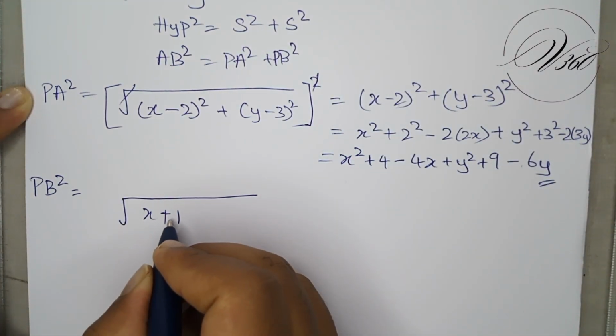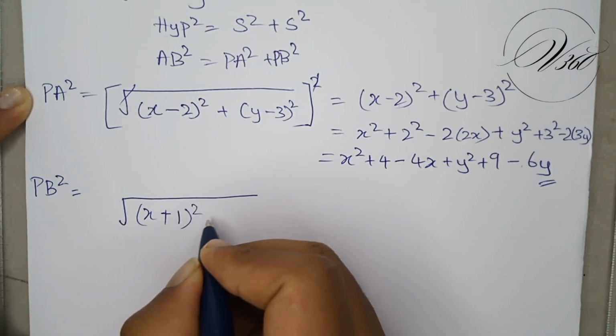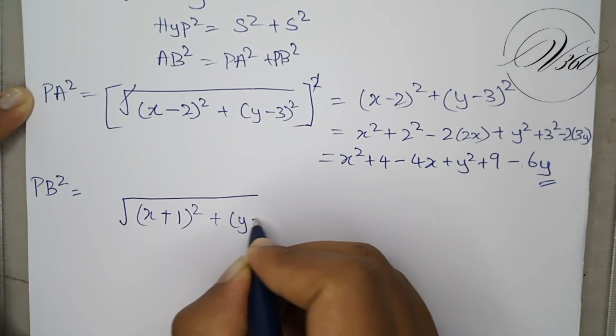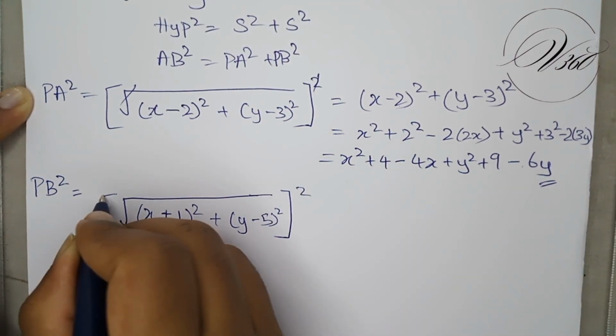So minus minus here gets plus, and we will get x plus 1 whole square plus y minus 5 whole square, which is under a square.